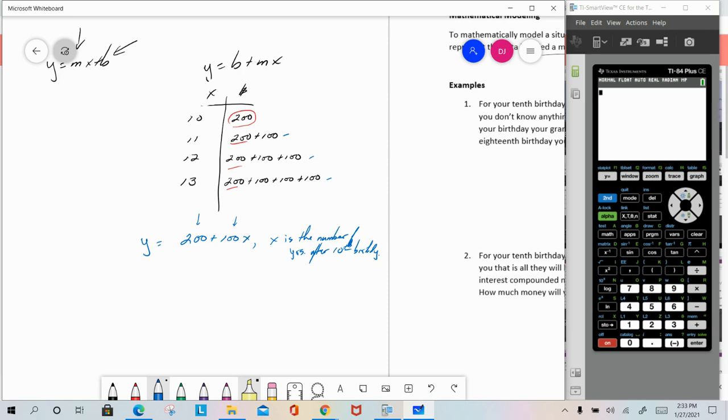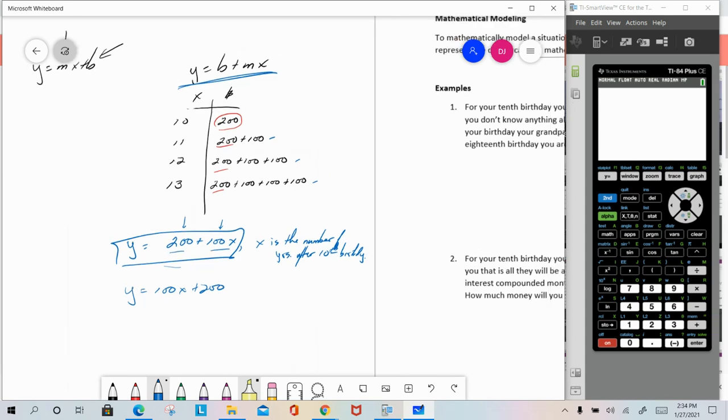So for your 11th birthday, x is 1. For your 12th birthday, x is 2. For your 15th birthday, x will be 5. So y, the amount of money in your box, is 200 plus 100x. This is what I'm saying about writing it in the y equals b plus mx format. The correct way to write it would be y equals 100x plus 200, but I think sometimes in an application setting, 200 plus 100x makes just as much sense.